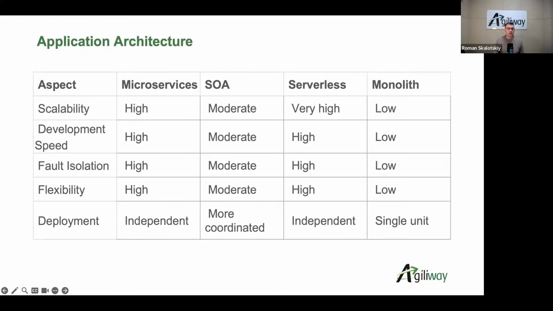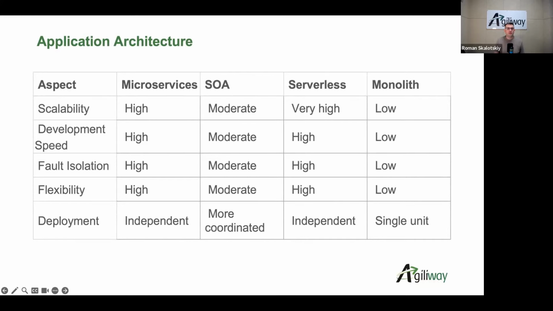So let's compare them. First of all, it is scalability. Microservice has high, independent scaling of services.